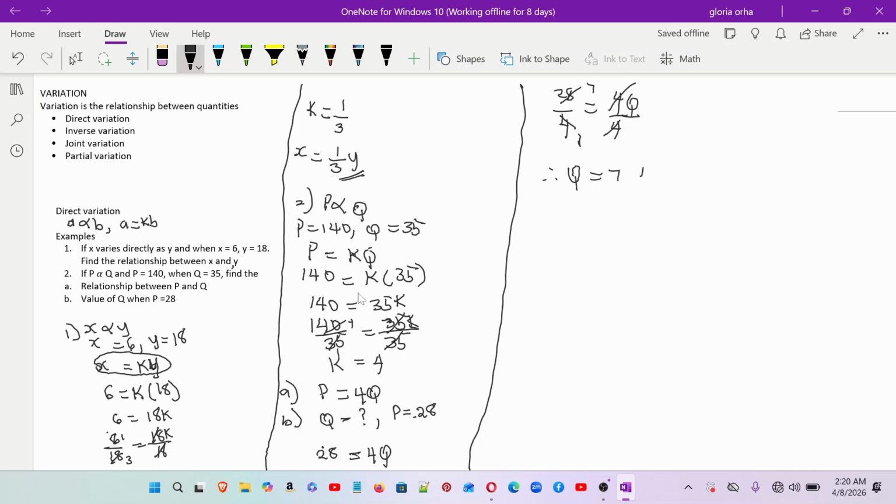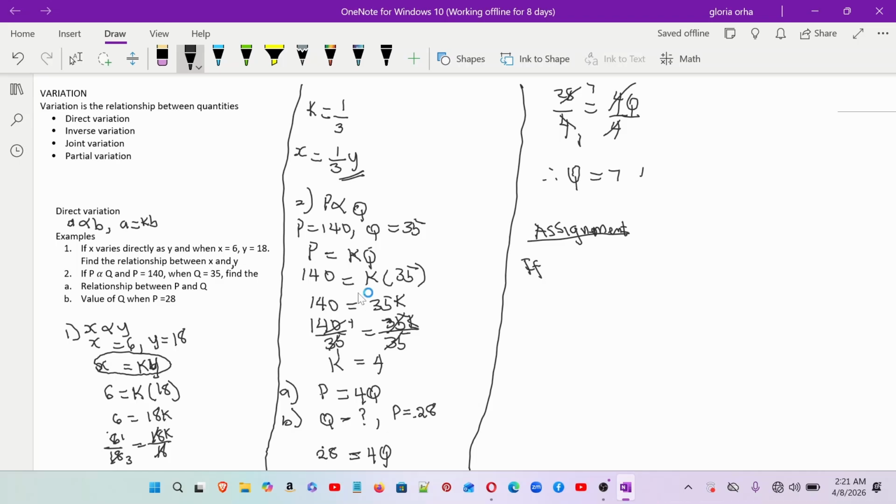So we are going to stop here. In our next class, we are going to look at inverse variation. So before we leave, I'd like to give you an assignment. I want you to solve this and leave your answer in the comment section. Just one question.